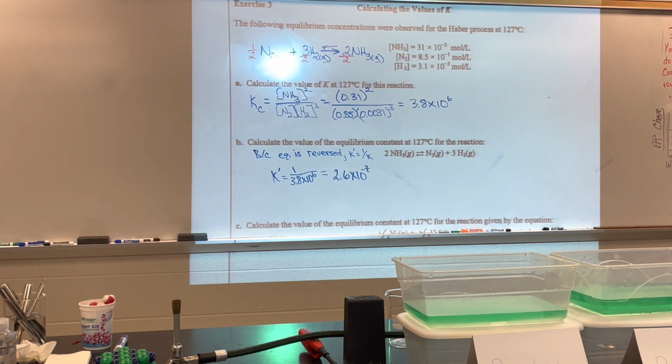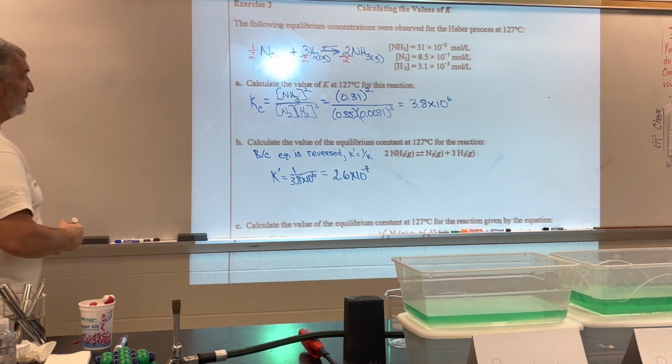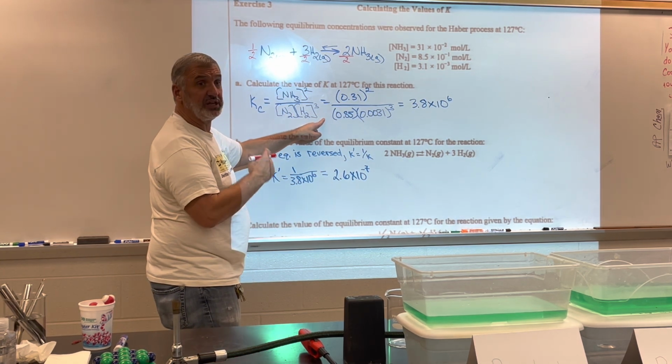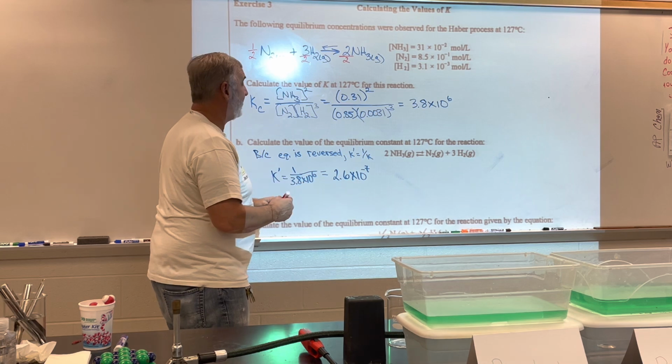How do we use coefficients in our equilibrium expression? As exponents. So what do we have to do to the value of K? We have to raise it to the 1/2 power. So it's this equation right here, still left to right, but multiplied by 1/2.